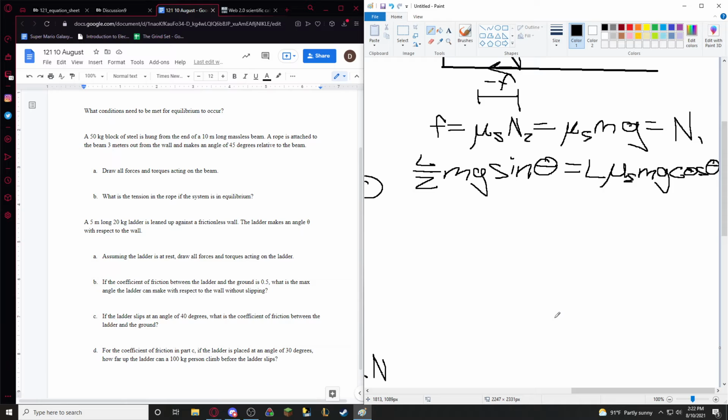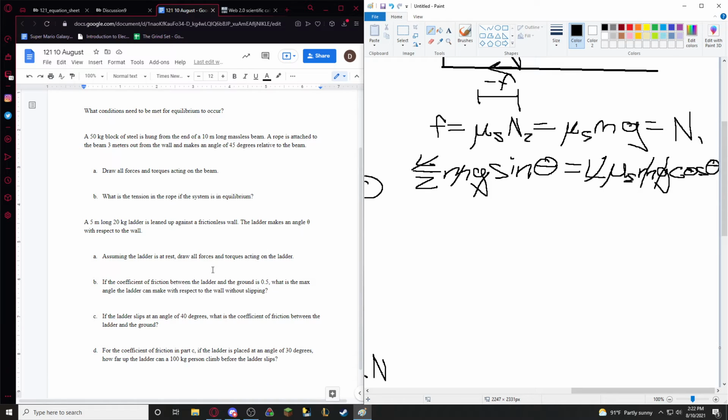Now first of all, we can cancel out mg and L on both sides. And now we can solve for mu in terms of theta, or theta in terms of mu.